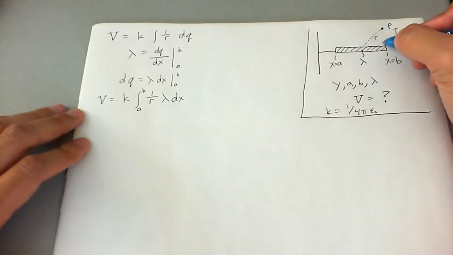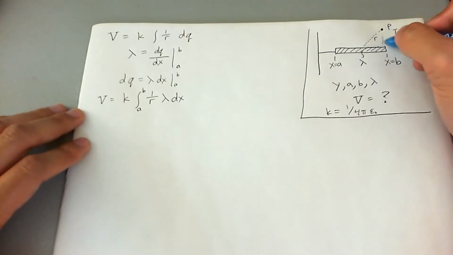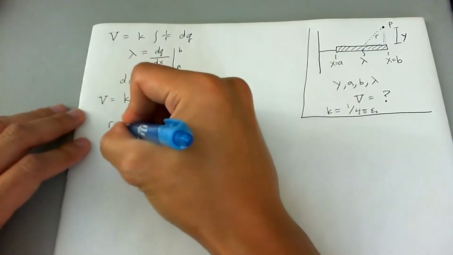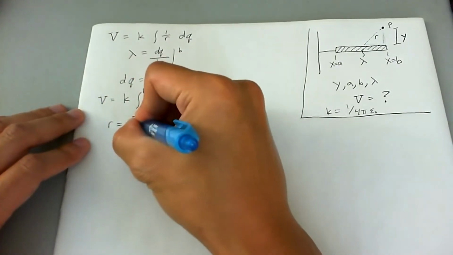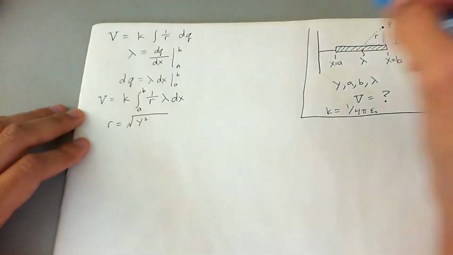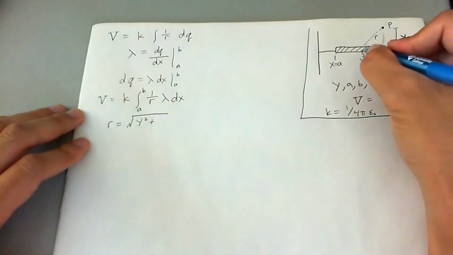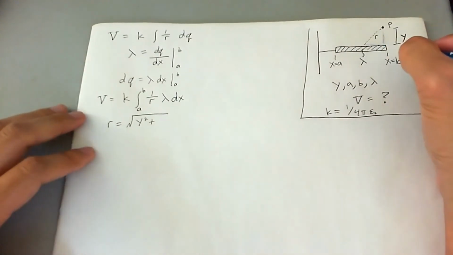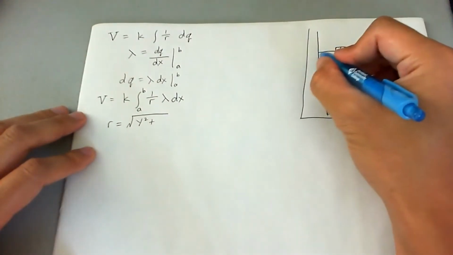In terms of quantities we already know, we can say r is a Pythagorean's theorem, so we can use r as a hypotenuse. Using Pythagorean's theorem, we say that r is the square root of y squared plus some sort of length here squared. And the length here is just going to be b minus x.